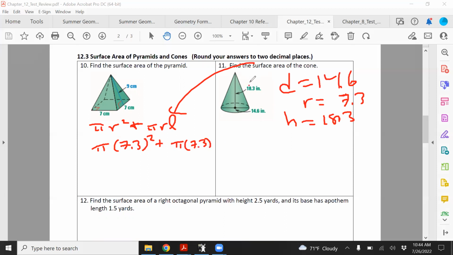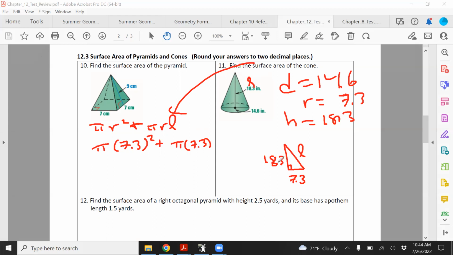Now the L part, again, that's 7.3. That's L. That's 18.3.